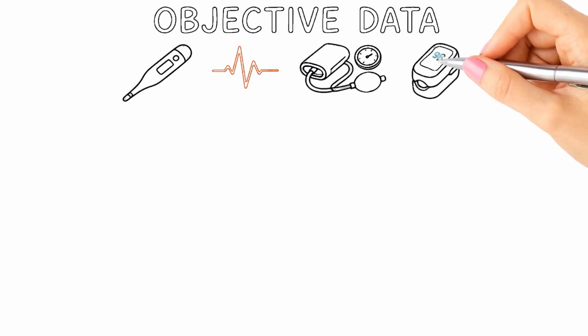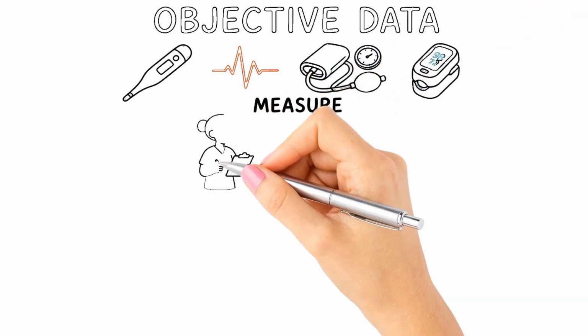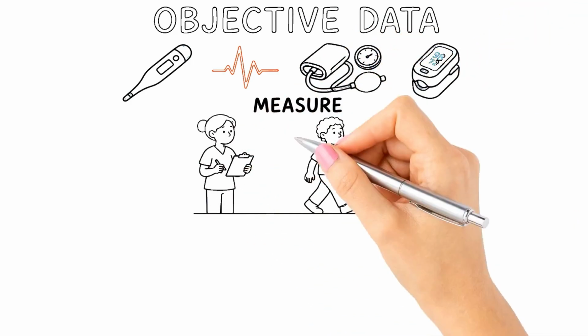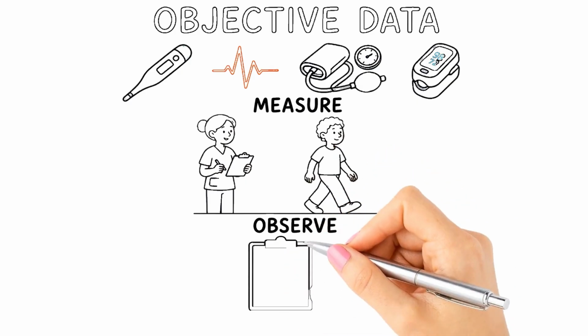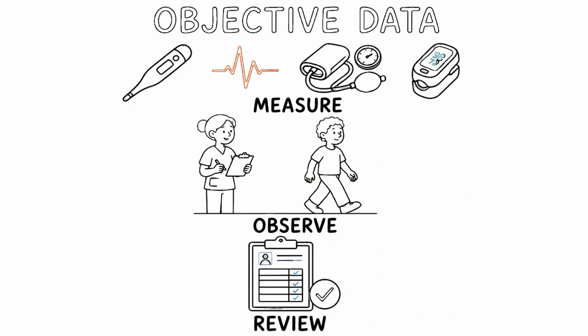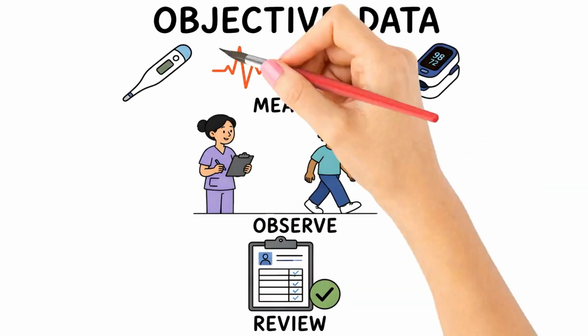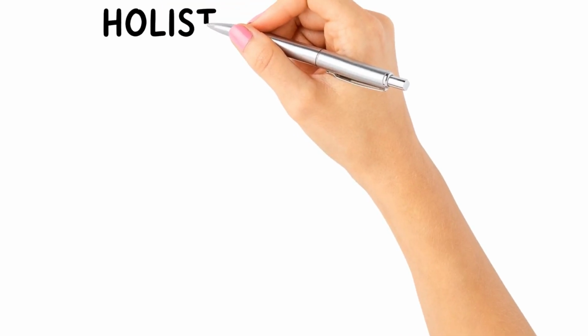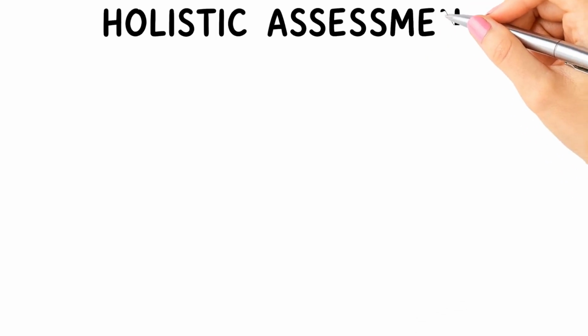Objective data are findings the nurse can observe or measure. Examples include temperature, pulse, breathing rate, blood pressure, oxygen saturation, appearance, behavior, mobility, and relevant results already available in the clinical record. A complete assessment looks beyond one symptom.